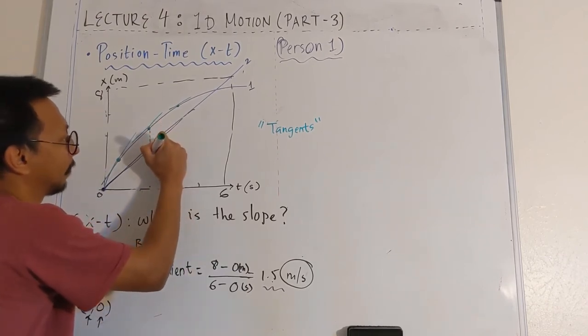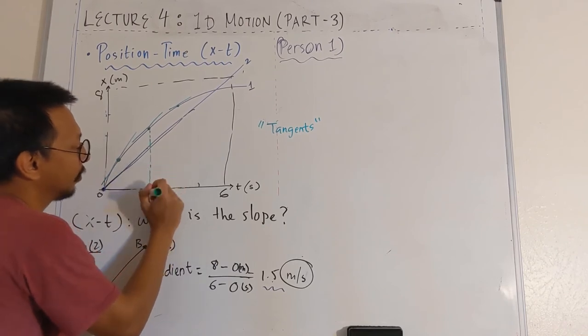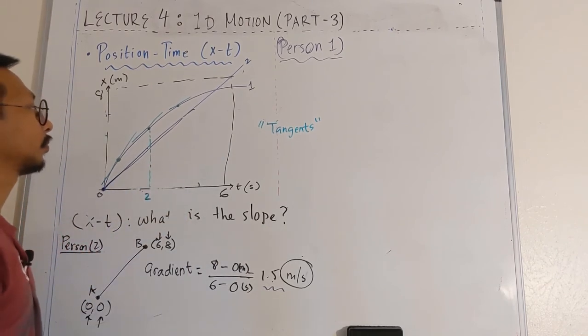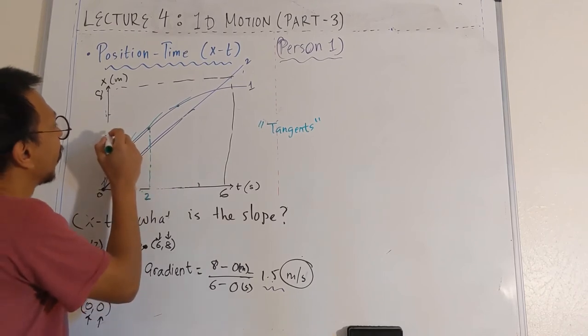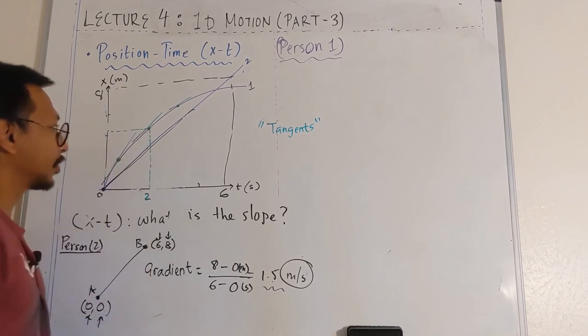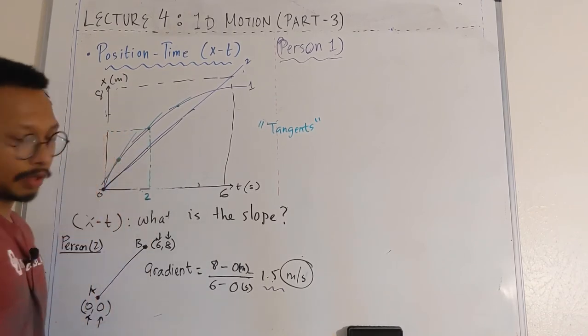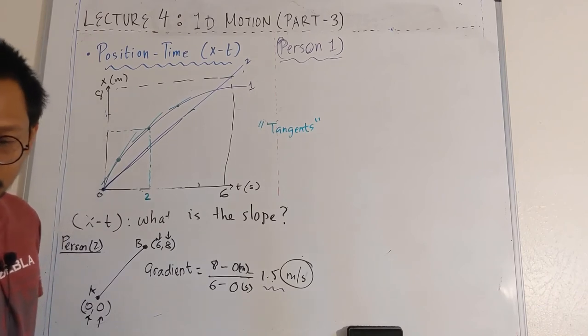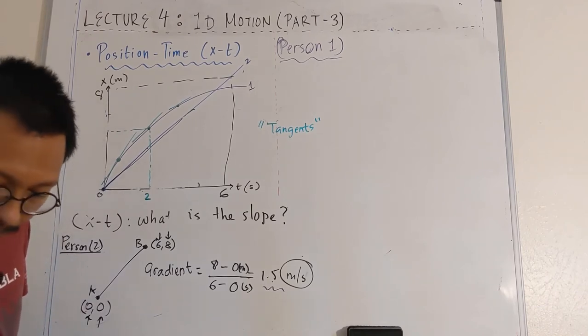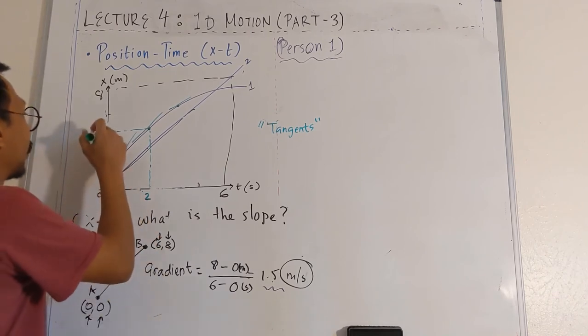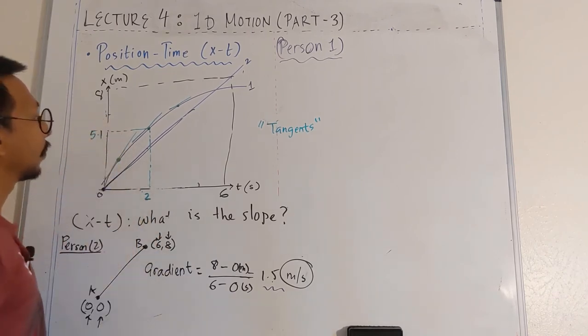So let's say this time is 2 seconds, and the position for this curve at 2 seconds was, let's say what I have down here, around 5.1.